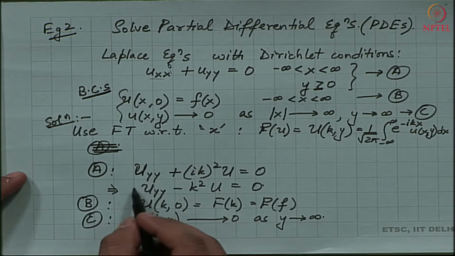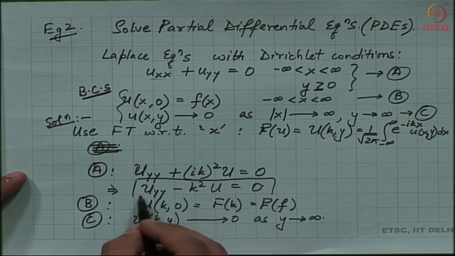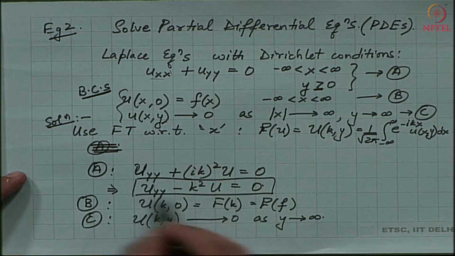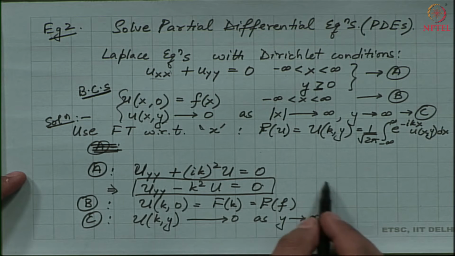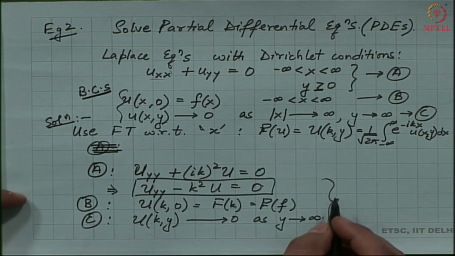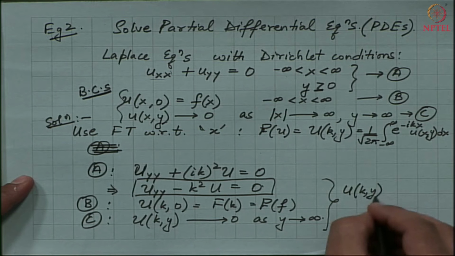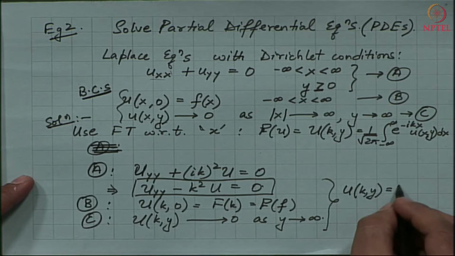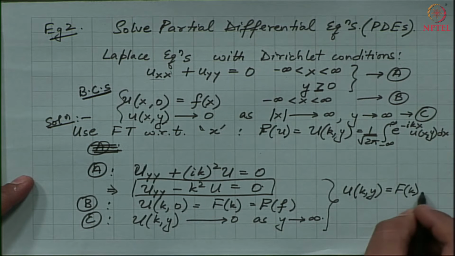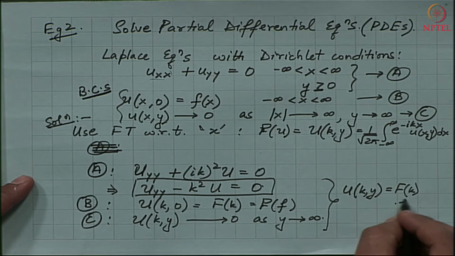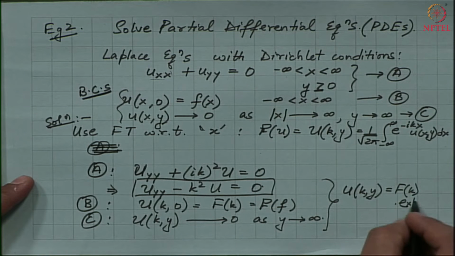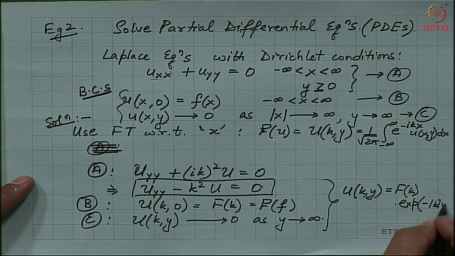So here I have an equation to solve. This is an ODE, an ordinary differential equation, second order, with the following two conditions. This can be easily solved, and the solution that I get is U of k comma y equals F of k times e to the power negative mod k y.